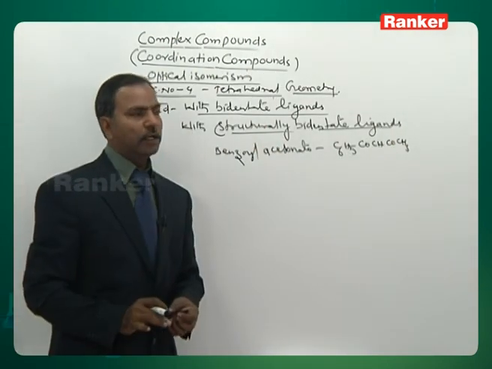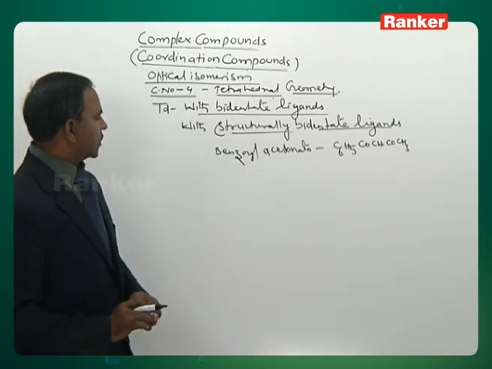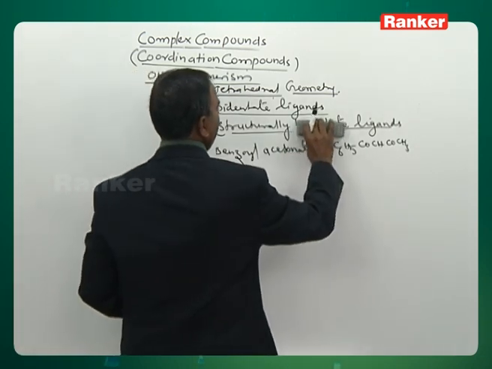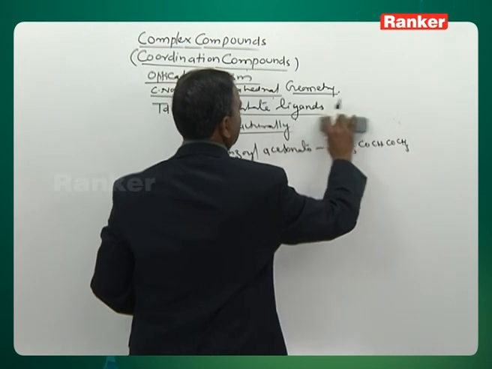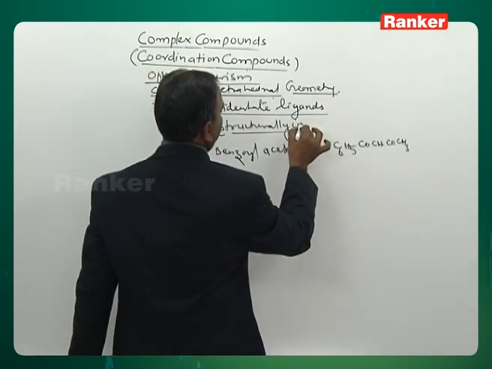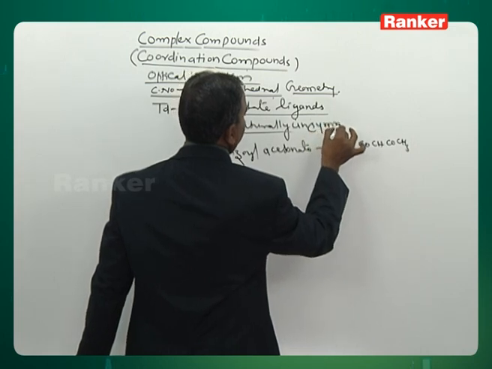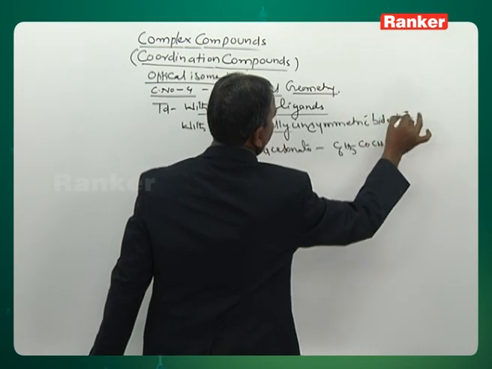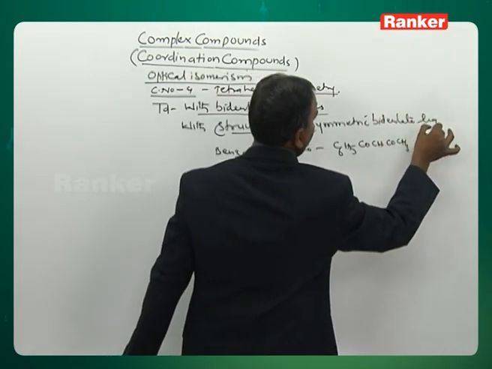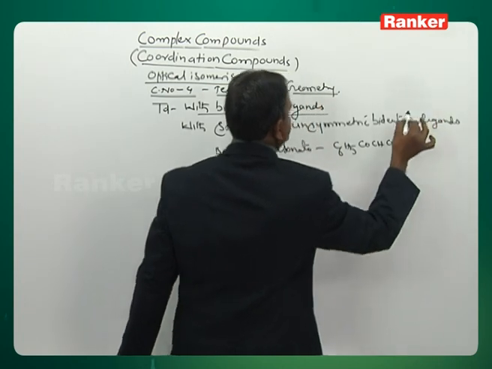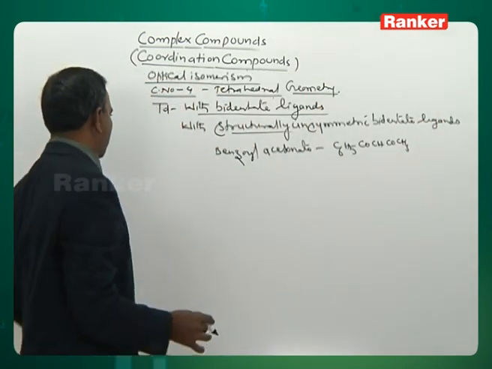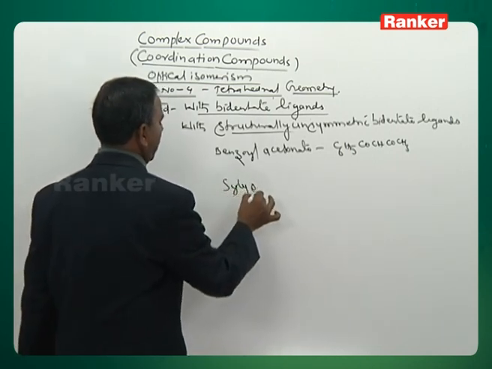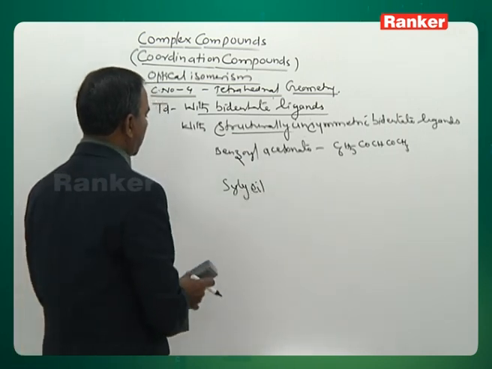What I said, this is structurally unsymmetric. There I have to mention the words structurally unsymmetric bidentate. Structurally unsymmetric bidentate ligands: one is benzoylacetonato, second one, let me write, salicylaldehydato.